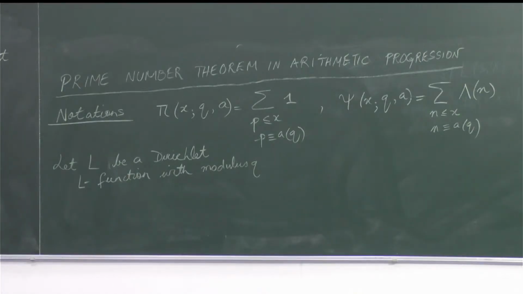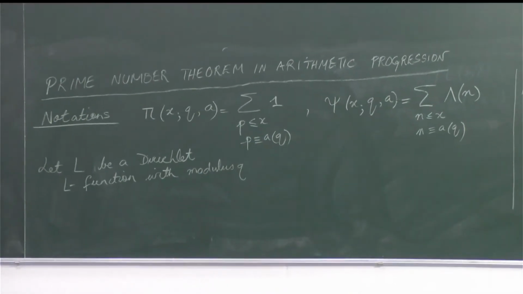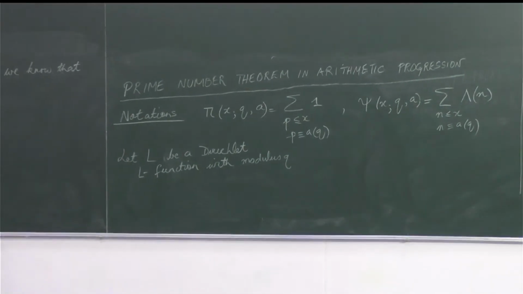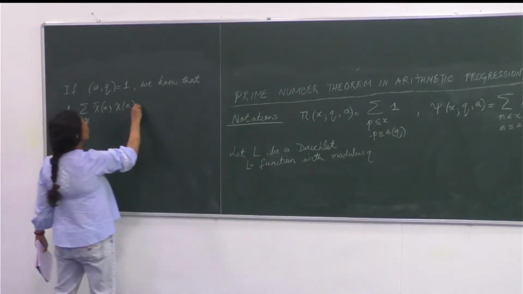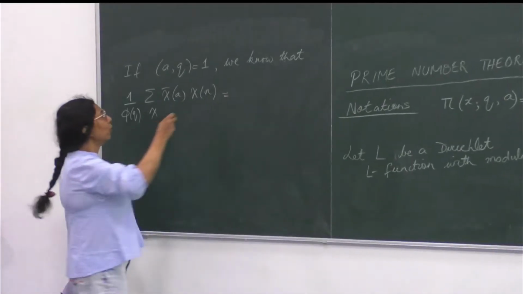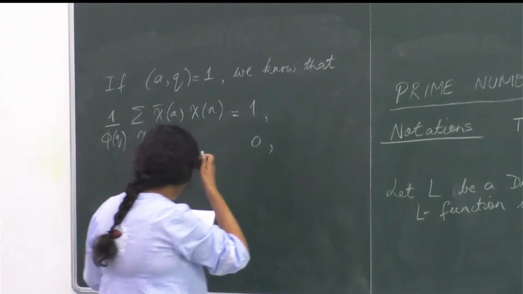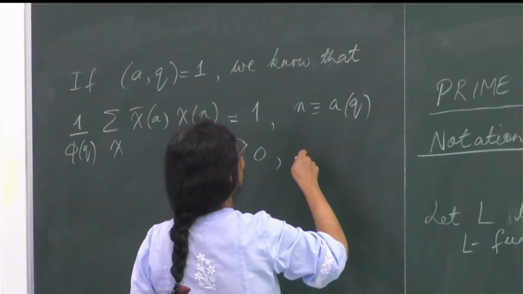If I take the sum over chi of chi bar of a times chi of n, and I normalize by the Euler phi function, then you remember this? It is either 1 or 0. It is 1 if n is congruent to a.